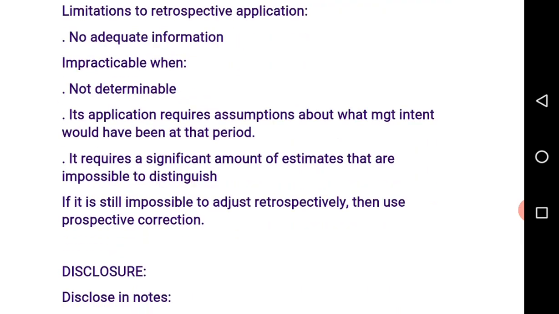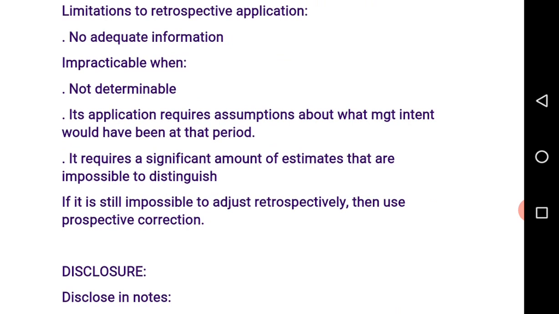It requires a significant amount of estimates that are impossible to distinguish. That's when it's a combination of different elements and to distinguish it is very hard. Then it might be hard to apply a retrospective correction method. And if it is still impossible to adjust retrospectively, then use prospective correction.